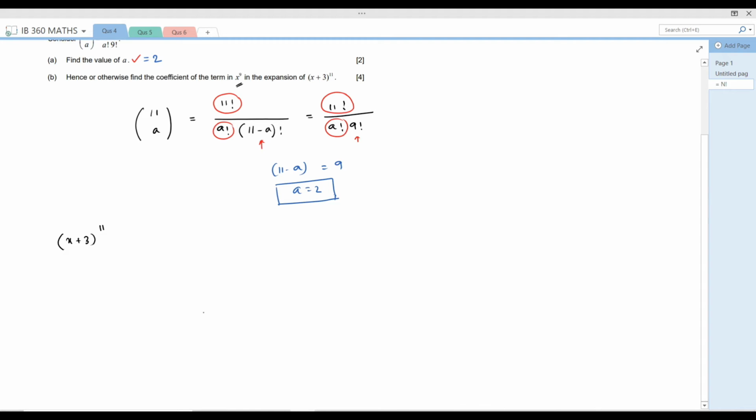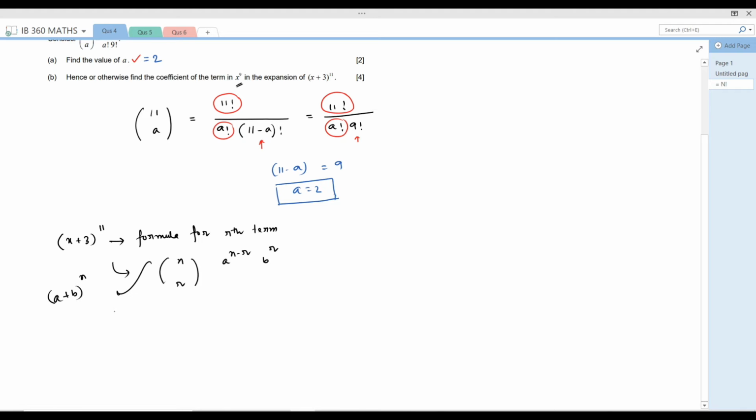For this we will try to find the rth term. The formula for the rth term, if we apply it, is nCr, then a to the power n minus r into b to the power r, which comes from the expansion of a plus b whole to the power n.